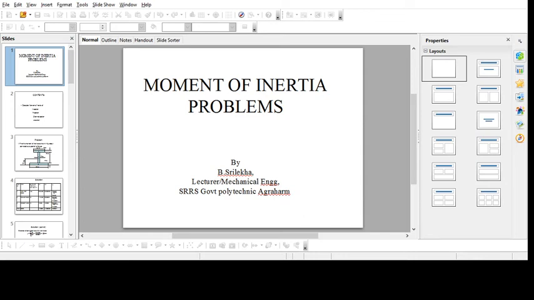First we have to divide this L section into two simple figures. So the first simple figure is simply a rectangle of total length 75 and height of 10.